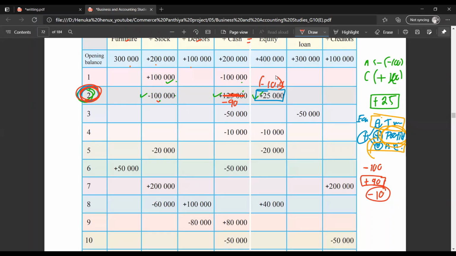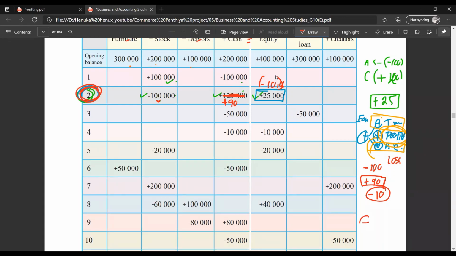Did you understand that? We need to balance, right? The stock asset will decrease by 100,000 but our cash asset will only increase by 90,000. So there is a difference of minus 10,000. That minus 10,000 is the loss. Like profit, a loss can also be generated.